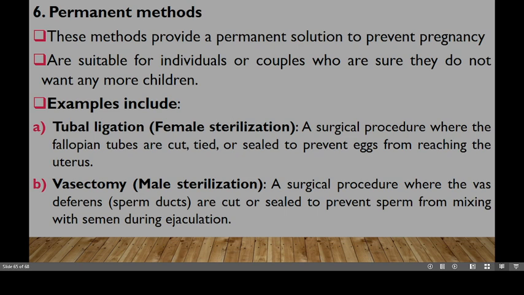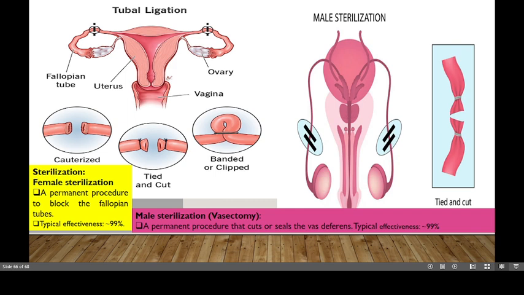Female ligation is a surgical procedure where the fallopian tubes are cut, tied, and sealed to prevent eggs from reaching the uterus, while male sterilization is a surgical procedure where the vas deferens, that is the sperm ducts, are cut or sealed to prevent sperm from mixing with the semen during ejaculation.